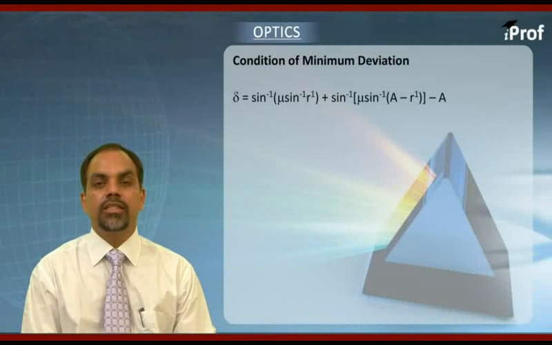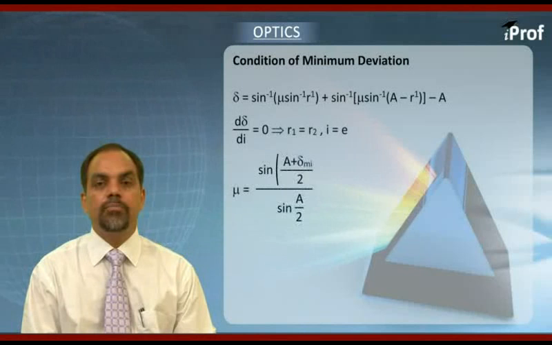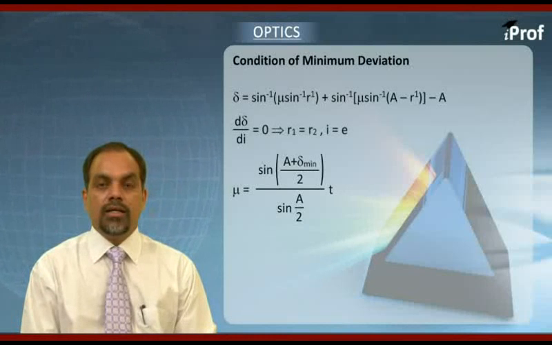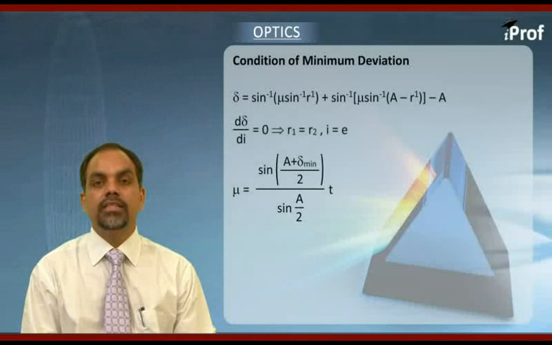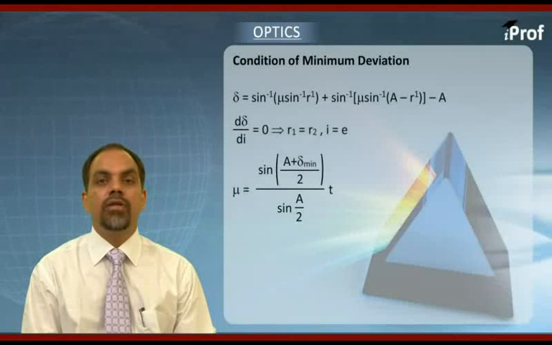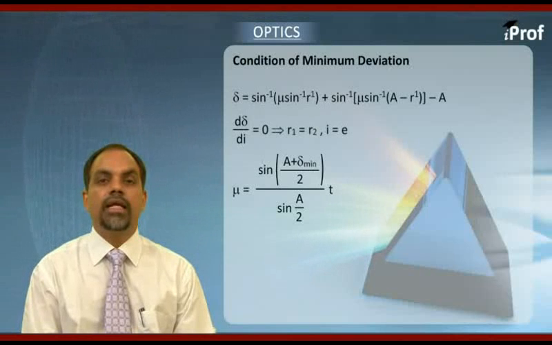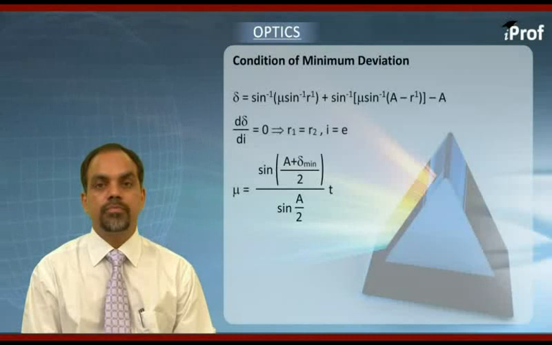So if we differentiate with respect to angle of incidence and equate d delta by di equal to 0, we land up in a result which we call the condition for minimum deviation. The condition for minimum deviation is that the angle of incidence will be equal to the angle of emergence, that is one thing, and R1 will be equal to R2, and as we know that R1 plus R2 is A, therefore we can write R1 is equal to R2 is equal to A by 2.